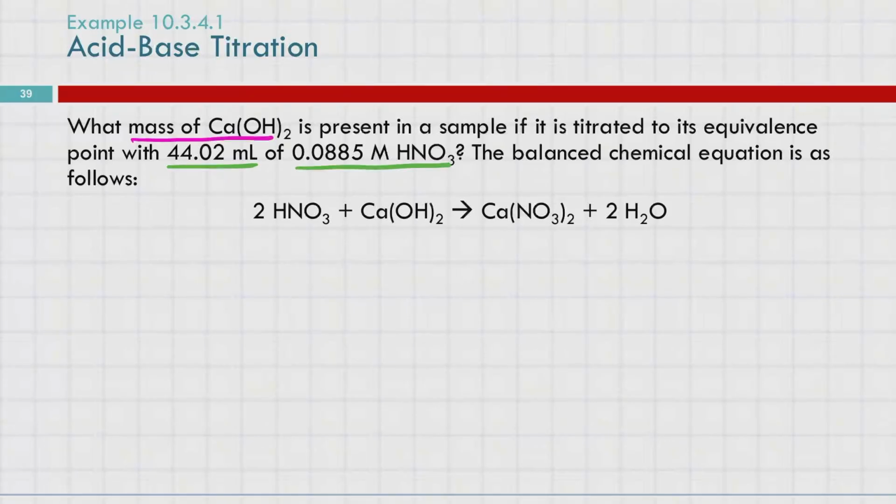Yeah, 44.02 milliliters. In solution stoichiometry, liters is kind of like grams for the stoichiometry stuff that we've done before. So we're going to start with milliliters, and we can convert that to liters by dividing by 1,000.